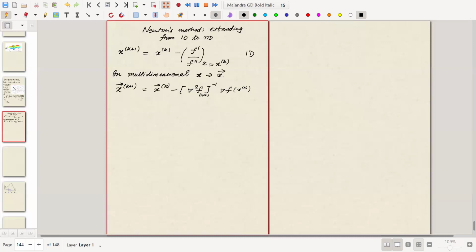Which point in space you take as your initial condition matters for this method also. And Newton's method is not that efficient for highly nonlinear functions like cosine, e to the power x, sine x, and a lot of complicated functions; you can't put them in and expect an accurate answer.